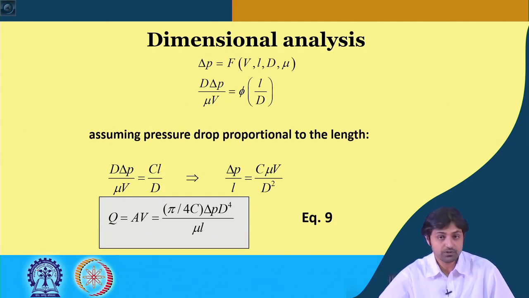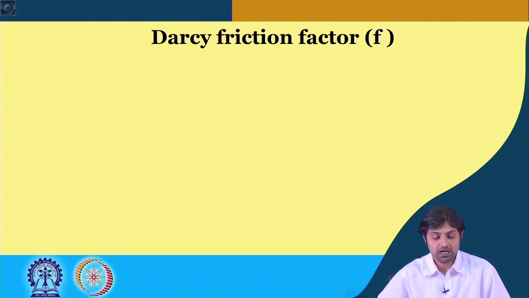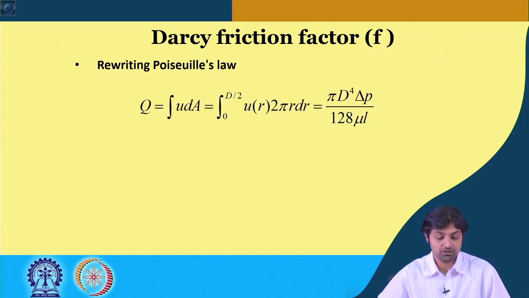We are going to look into something here that is called Darcy's friction factor. If we rewrite the Poiseuille's law, Poiseuille's law was pi D to the power 4 delta p by 128 mu L, correct?